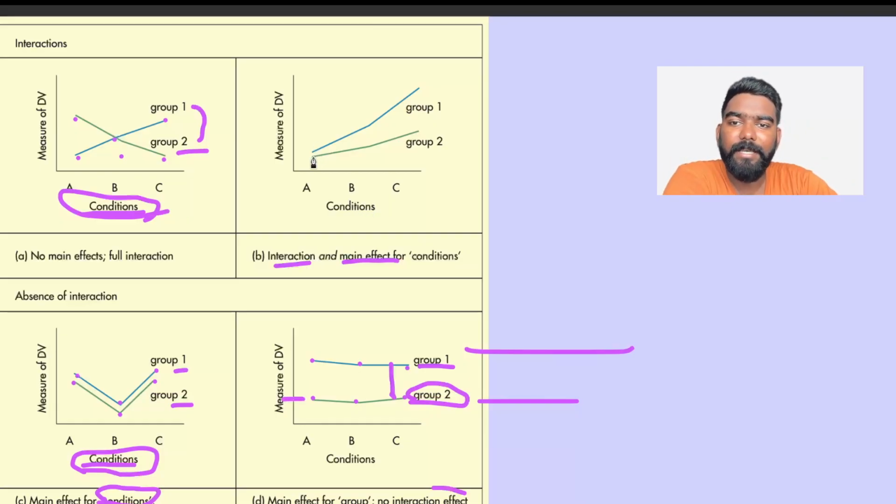In this case, group 2 and group 1 scored similarly in condition A, somewhat differently in condition B, and very differently in condition C. But both groups scored somewhat similarly within their groups, which means there is a main effect also, and there is an interaction effect also.